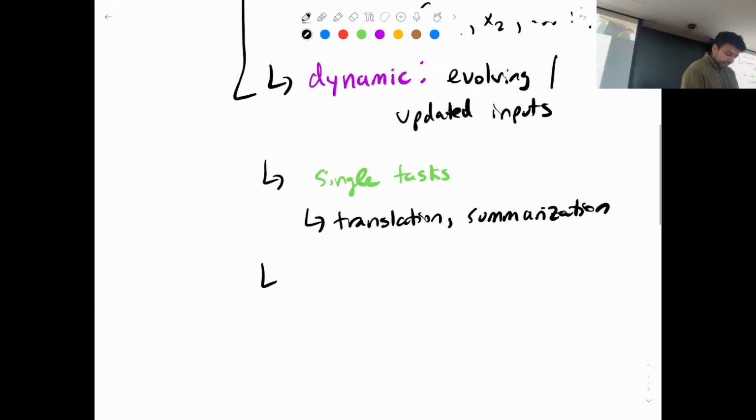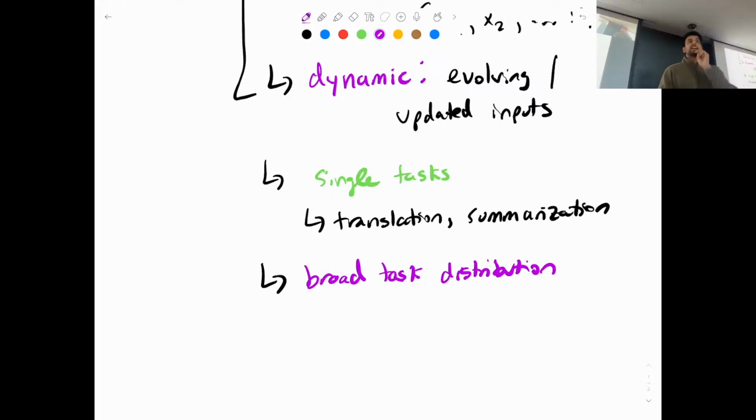This is in contrast to what I'll call broad task distribution. This is similar to what we saw with instruction following datasets, where the idea is to collect a dataset of as many different tasks as possible with instructions on how to complete each task and reference outputs. This is more in line with evaluations of general purpose chatbots like ChatGPT, where you want to measure the model's capability on as diverse a collection of tasks as possible.